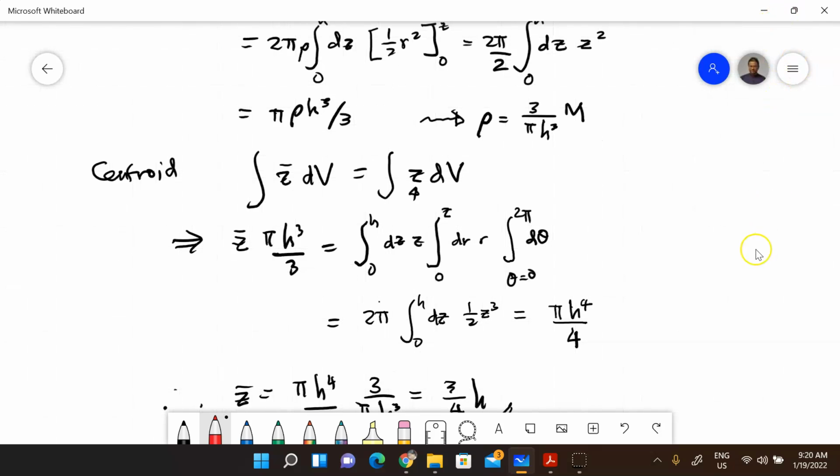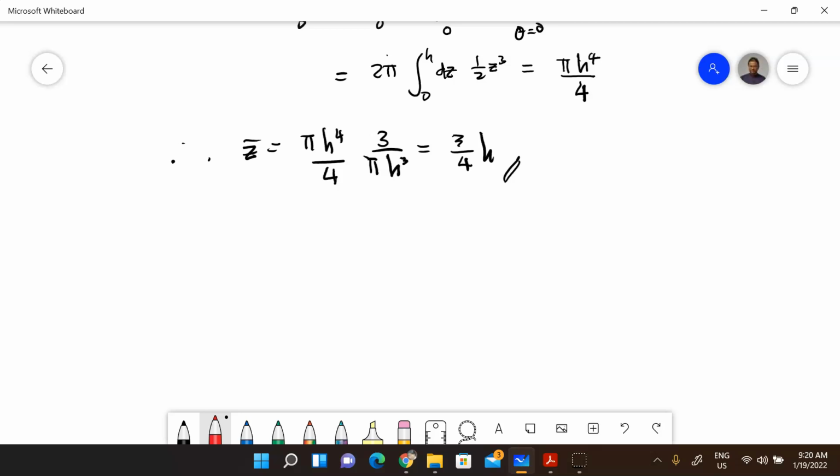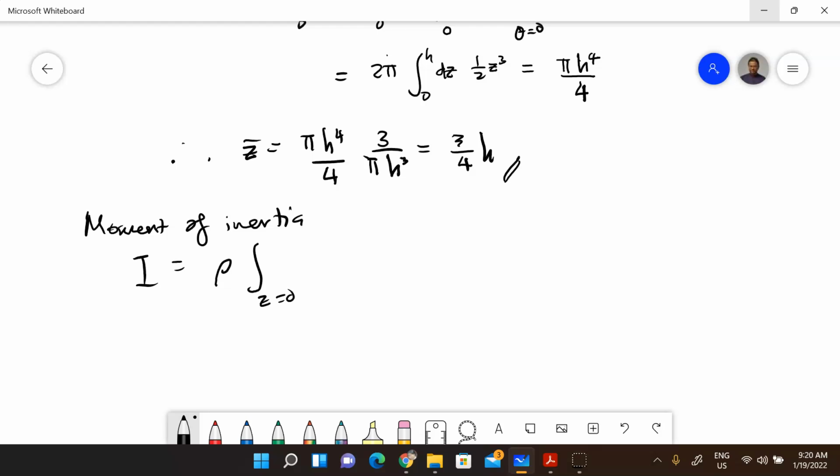So let's do that. The moment of inertia is given by I equals the integral. Usually we have the rho inside, but now rho is constant, so we have this instead. So z equals 0 to h, dz, and then remember that your perpendicular distance is x squared plus y squared, which equals r squared.